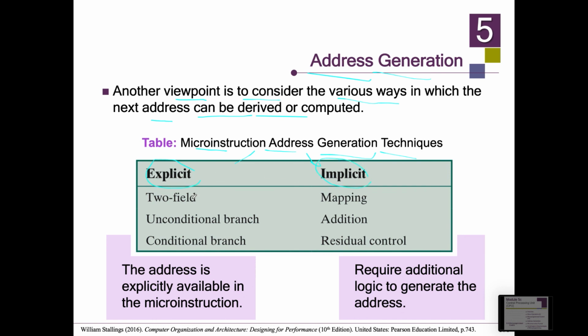Under explicit you have two fields, while for implicit you are doing mapping. Explicit includes unconditional branch, while mapping is addition. Explicit also includes conditional branch, and lastly for implicit you have residual control.